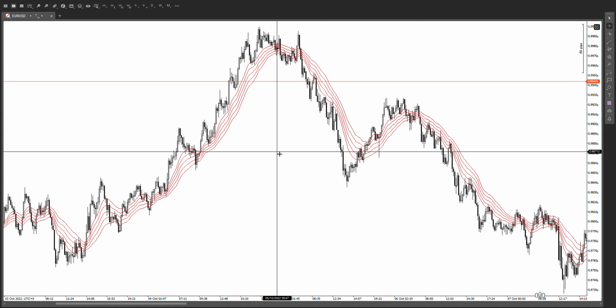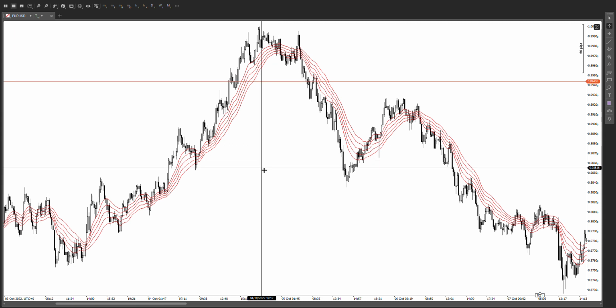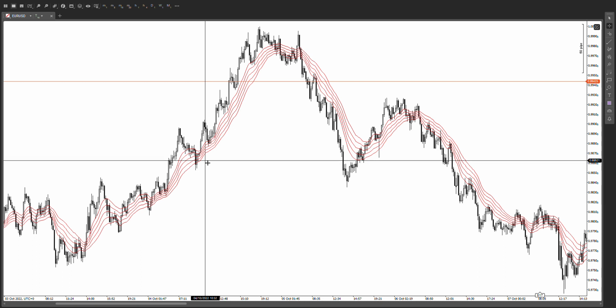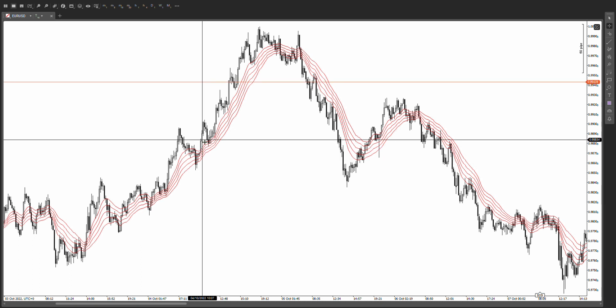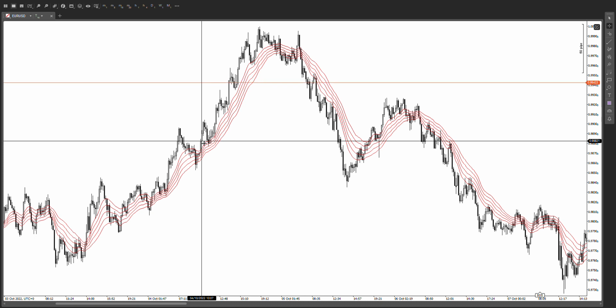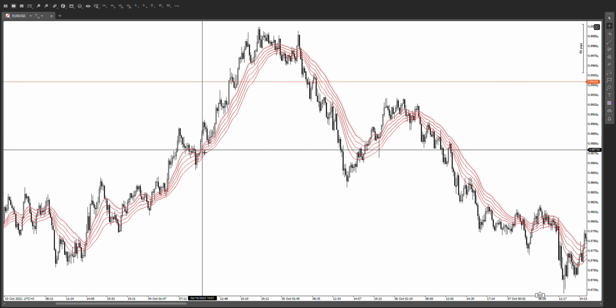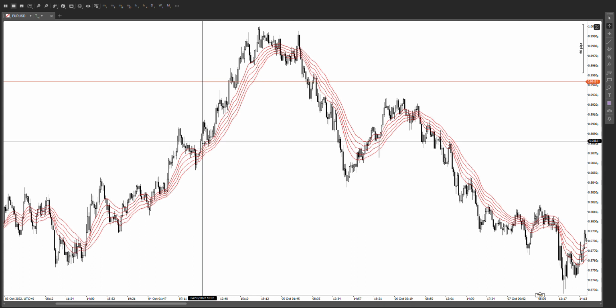How do we use it? As soon as a candle closes above the Bollinger Band, like here, it's bullish bias. Usually I target 10-20 pips after the close. You can go immediately after the close.